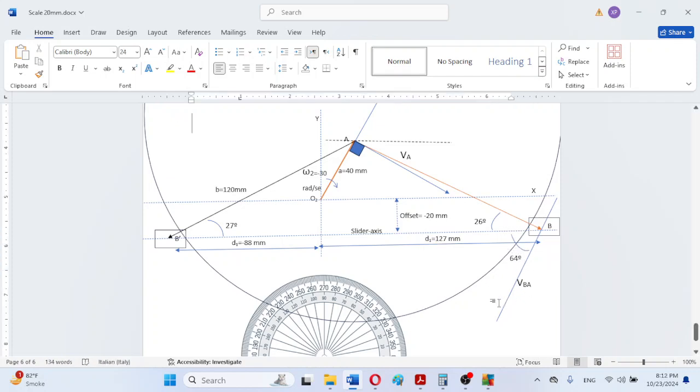So the angle of VBA with the horizontal has also been shown.